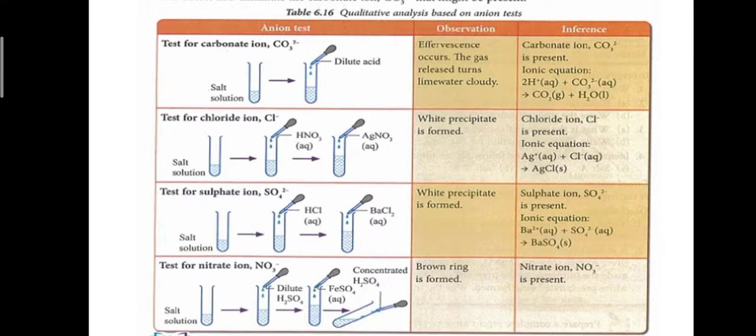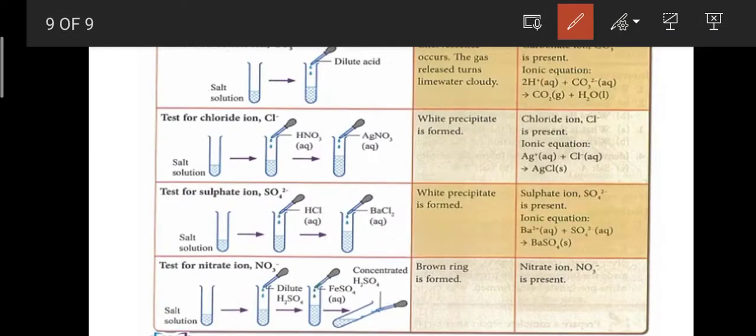Next one, test for chloride ion. Here, chloride ion. The salt solution. You add some drops of nitric acid. After that, adding silver nitrate solution.